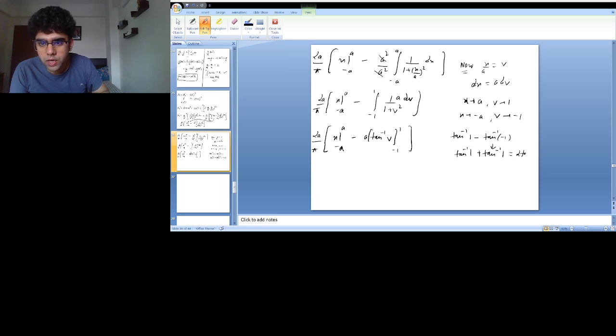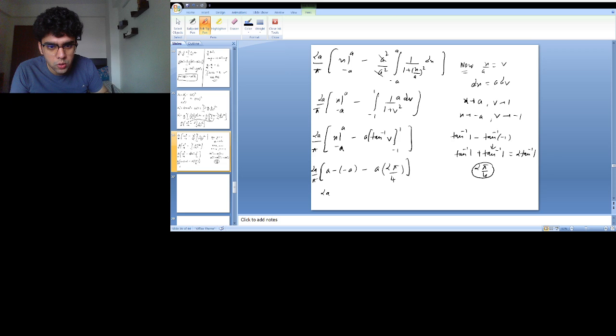This becomes 2 tan inverse 1. Now 2 tan inverse 1 is 2 pi by 4, right? So what we have here is 2 pi by 4, and this is a minus of minus a, right? And this is a into 2 pi by 4, right?